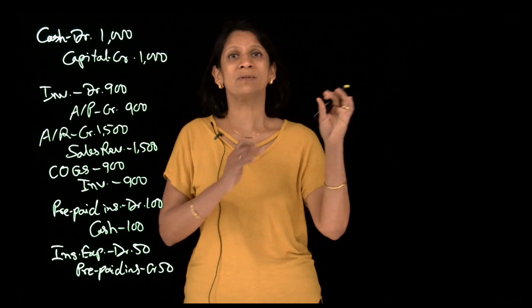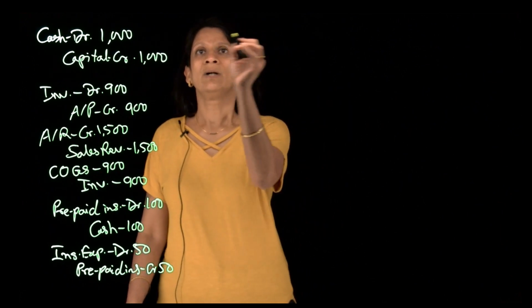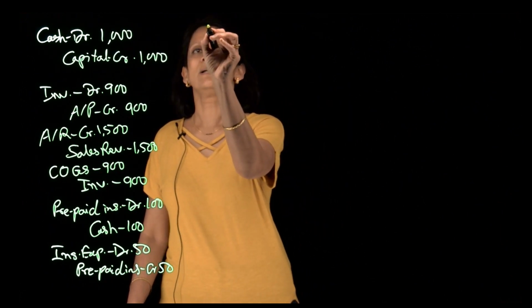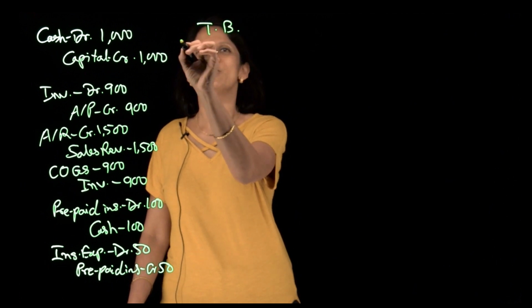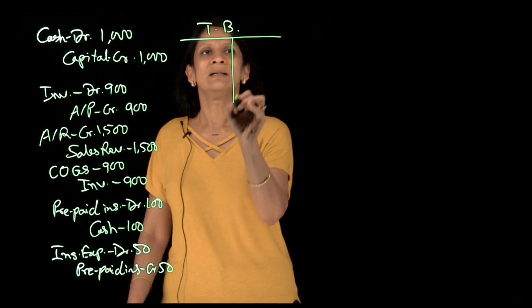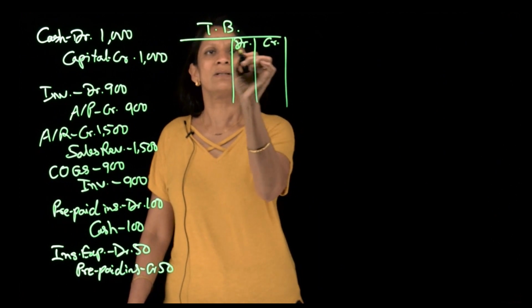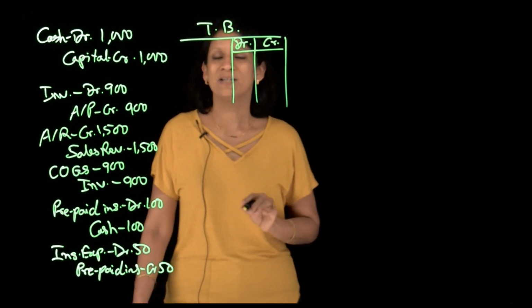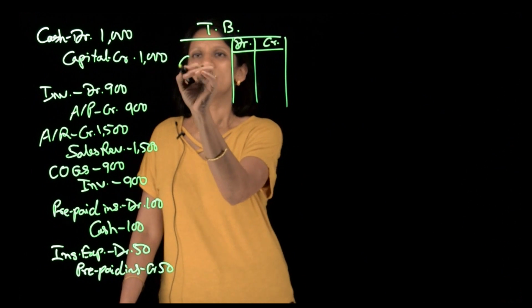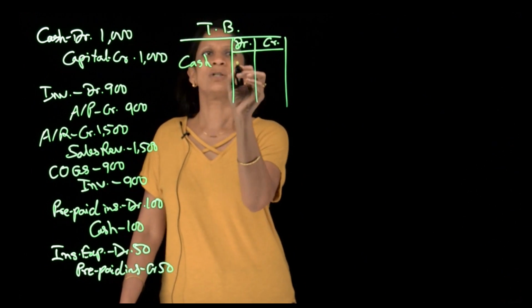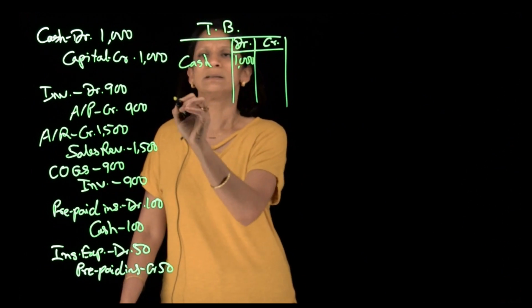Now what happens after that in the accounting cycle is we go for a trial balance. Again, my short form so that we are not running out of time. Debits and credits, we have already learned about it in the last video. What all did I do? I had cash, $1,000 worth.